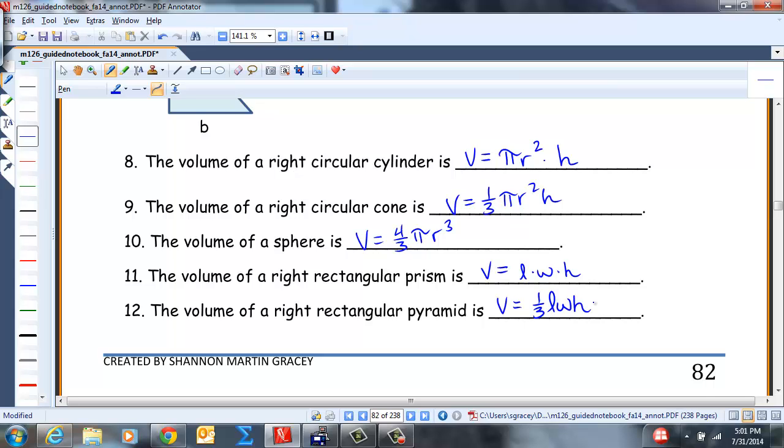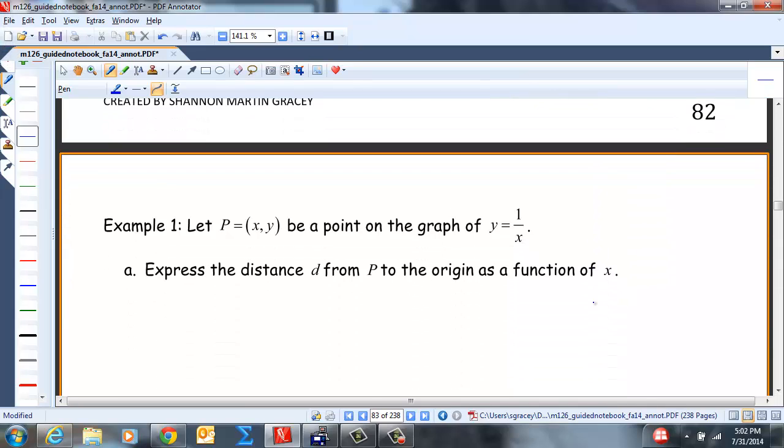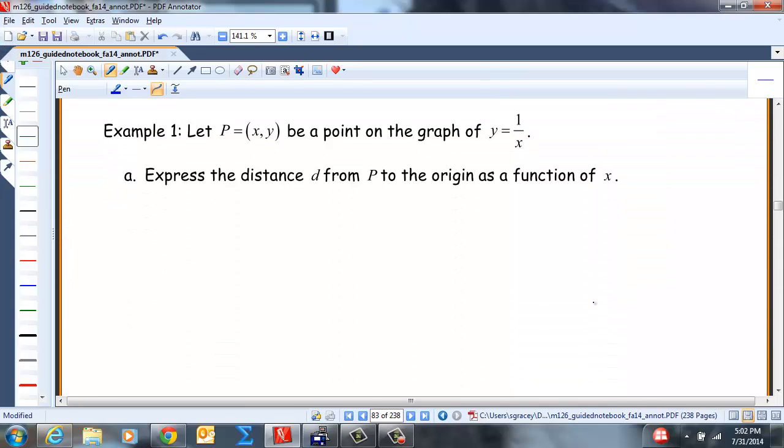All right. Okay, so now that we've reviewed some of the basic formulas, let's take a look at these problems here. So we have this point x and y as a point on the graph of y equals 1 over x. So they want us to express the distance d from the point to the origin as a function of x.